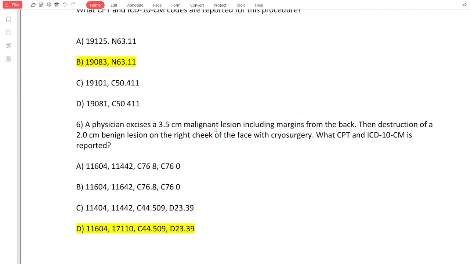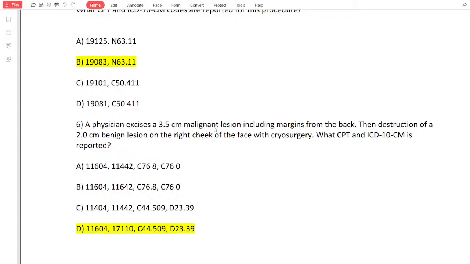Question 6.1. A physician excises a 3.5 centimeter malignant lesion, including margins, from the back, then destruction of a 2.0 centimeter benign lesion on the right cheek of the face with cryosurgery. What CPT and ICD-10-CM are reported? So here, 11604, C44.